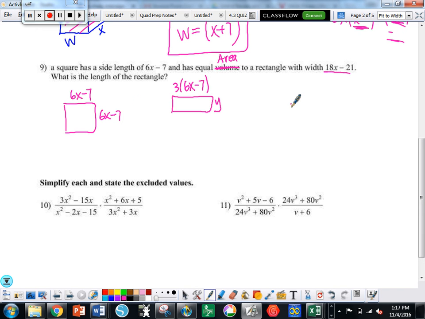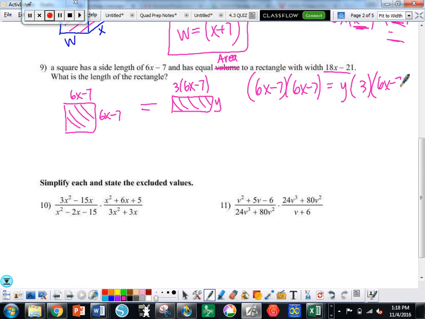But if they're equal in area, I can find the area of the first, find the area of the second, and set them equal to each other. Now the area of the square is going to be 6x minus 7 times 6x minus 7. The area of the rectangle is y times 3 times 6x minus 7. For this particular problem, we are trying to get y all by itself.